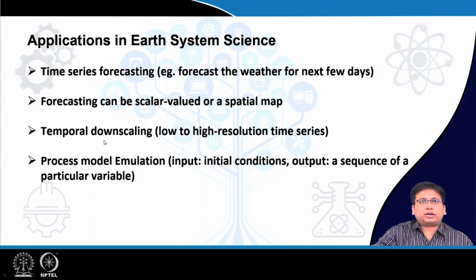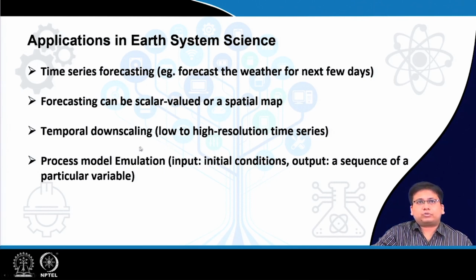Another important application is that of temporal downscaling. This is an interesting problem where the input is a time series and the output is also a time series. So this is the sequence to sequence mapping problem which we talked about. The input is typically a low resolution time series and the output is a high resolution time series.